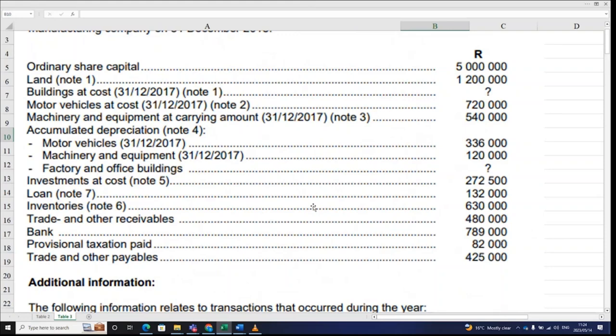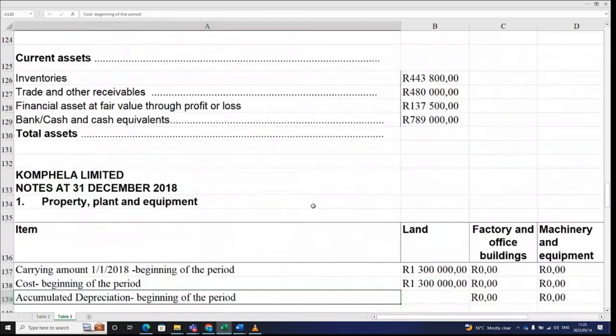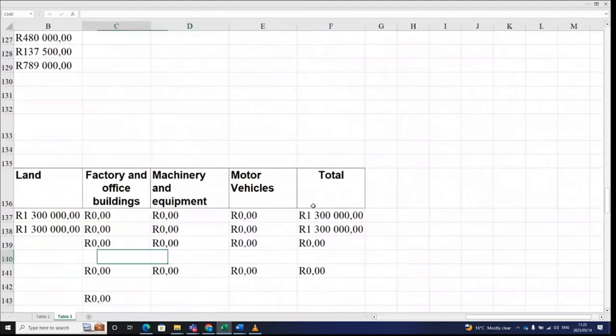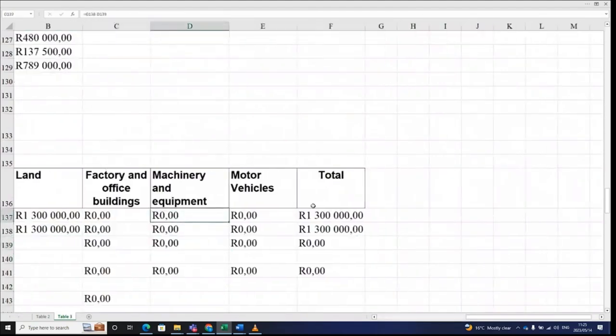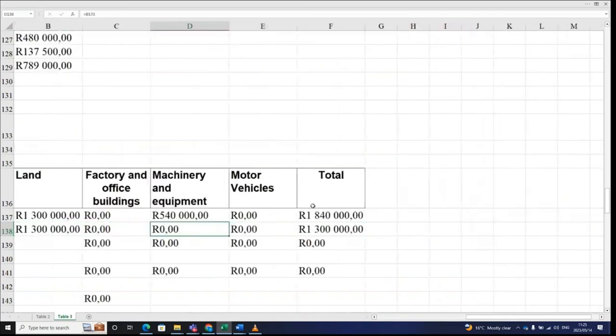Then they say the accumulated depreciation at the beginning of the period is 120,000.